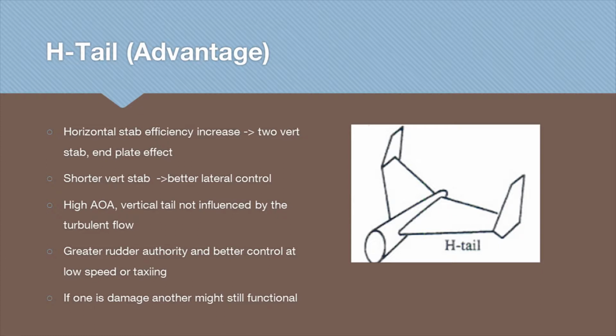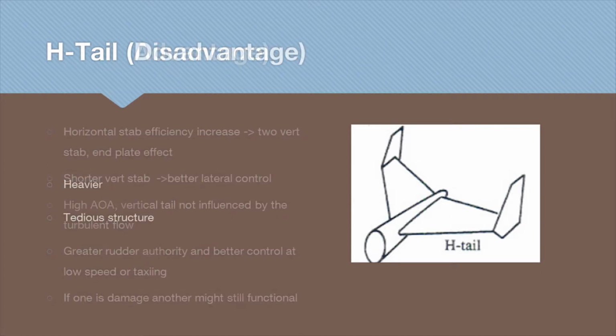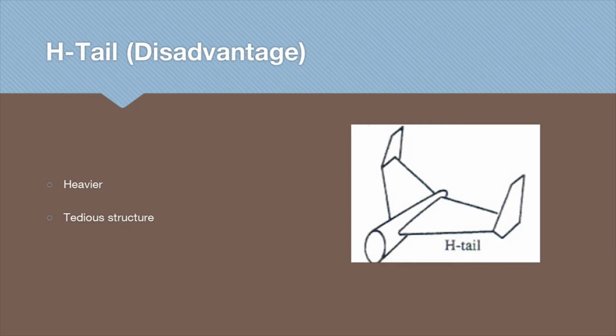And since there are 2 rudders, the control surface area may increase so that better yawing control can be achieved, especially for low speed and taxiing. And lastly, since there are 2 vertical plates, even if one is damaged, there is still another one that could provide the lateral control.